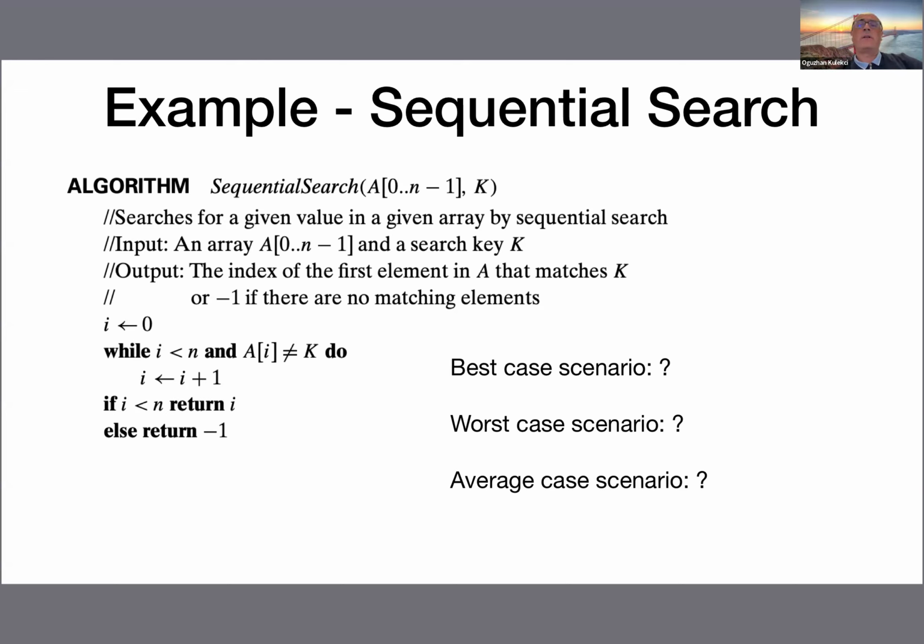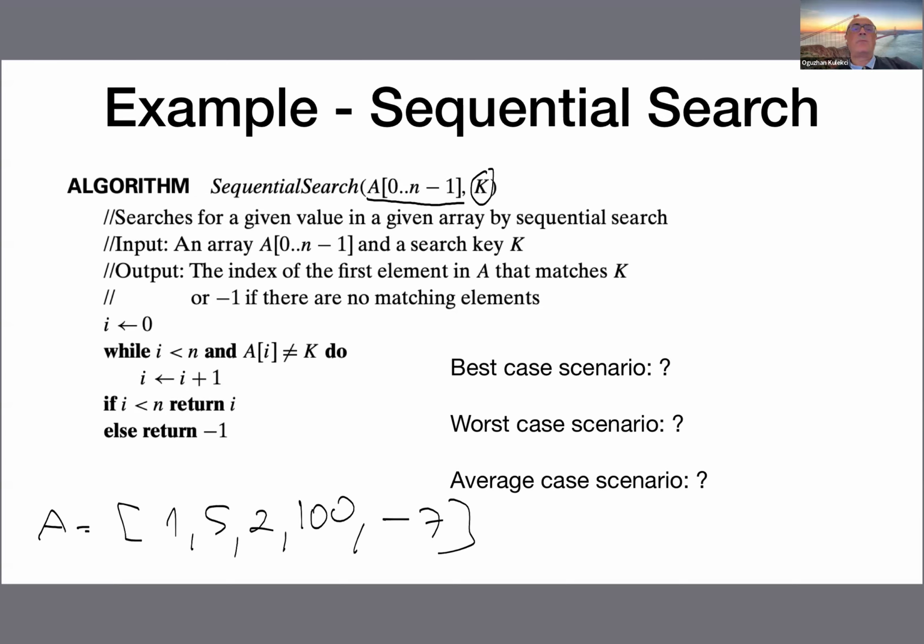We are given an array of size n, and we are looking for an item with key k. For instance, let's say A is equal to something like 1, 5, 2, 100, -7, whatever, okay? And I'm looking for 100 in this array.